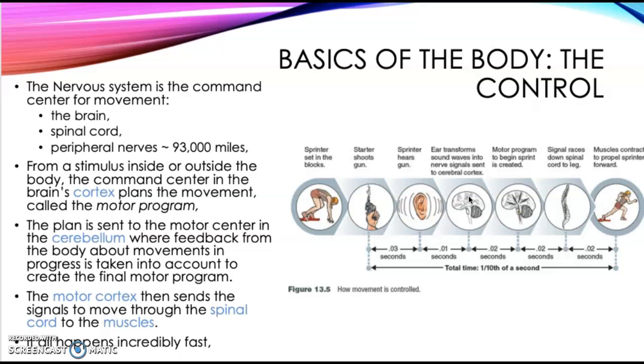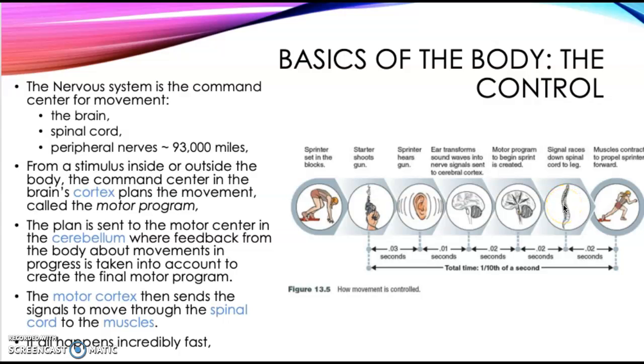That information that, oh, the gun went off, is received, that stimulus is heard, and then a motor program begins, which is like a set of rules, what should happen. And that is, in this case, to run, right? To sprint for the sprinter. And so that information is collected here in the cerebellum, and then it is sent throughout the spinal cord.